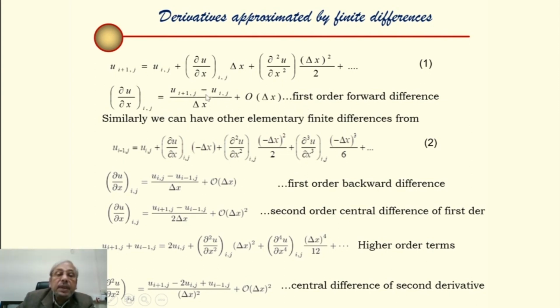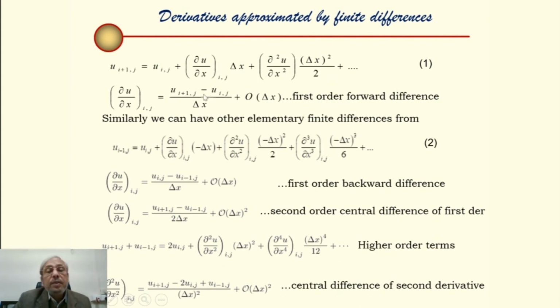And from here we can say del u/del x at ij can be expressed as u at (i+1,j) minus u_ij by delta x. And in that entire truncated series, the highest order term will be of the order of delta x.